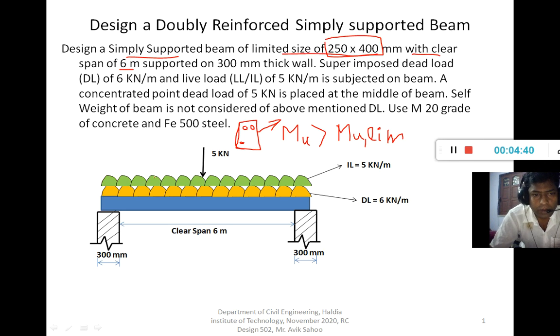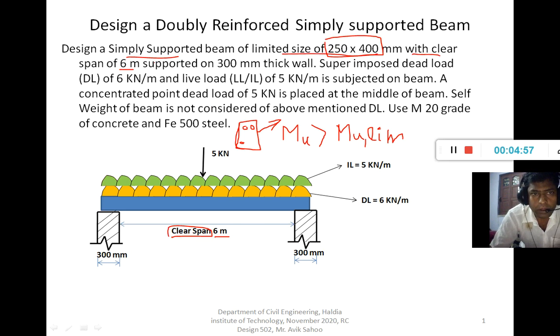What is clear span? This is the face to face distance, the clear distance between the supports, which is given as 6 meter.